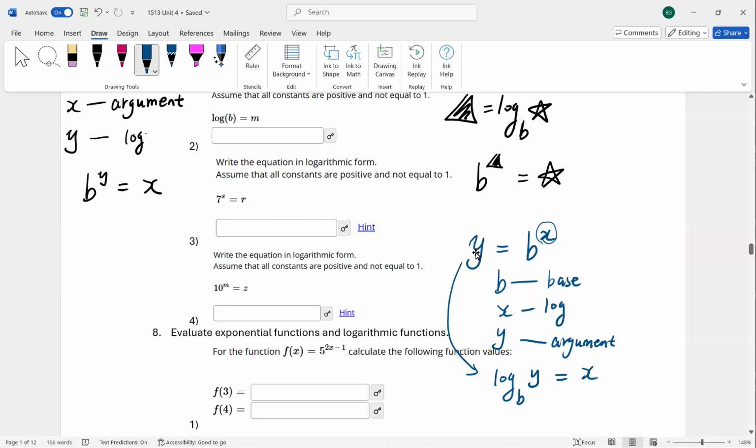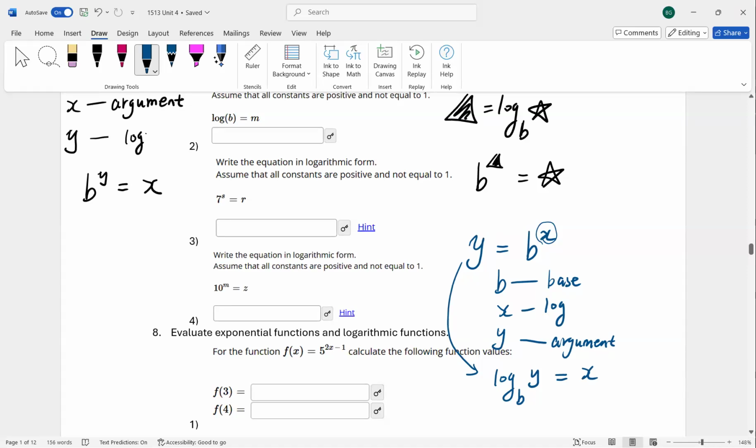So from here, we can have a very important conclusion. The conclusion is the argument has to be strictly bigger than 0. It's important, so we should write it down. Argument should always be bigger than 0. As you can see, y is b to the power of x, the value of the dependent variable of an exponential function, which is always above the x-axis.